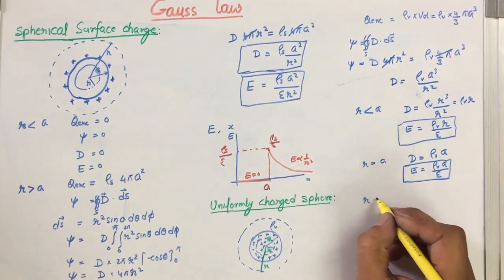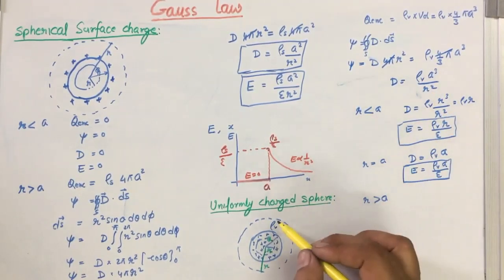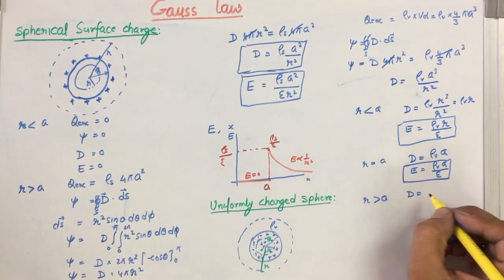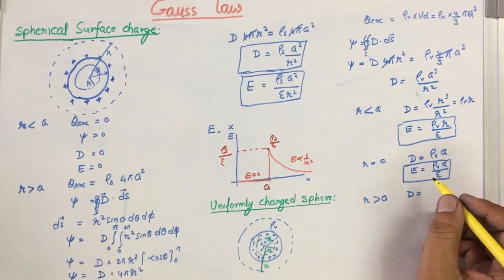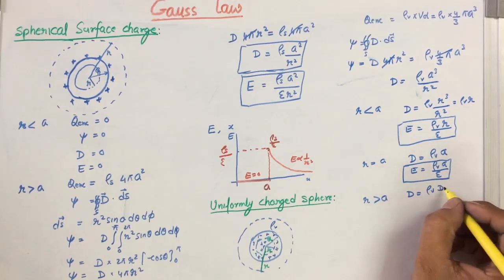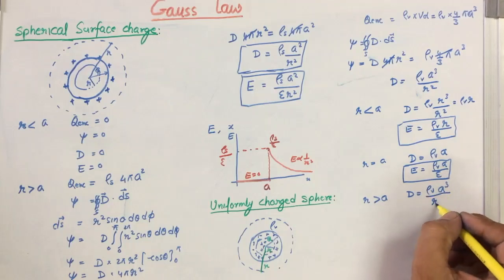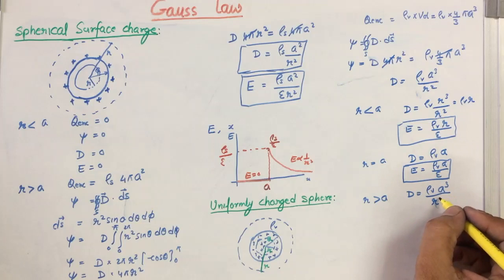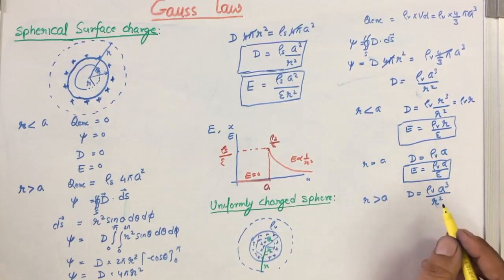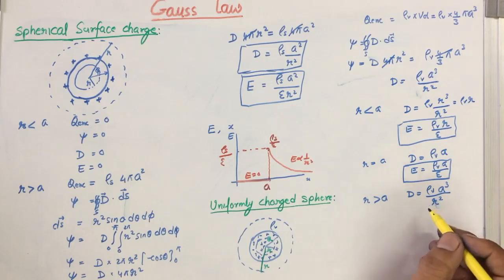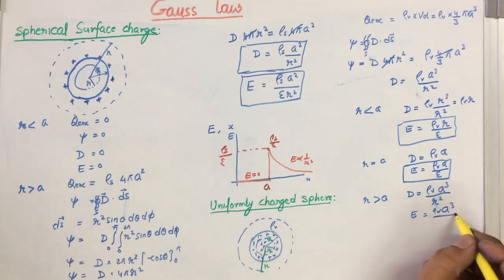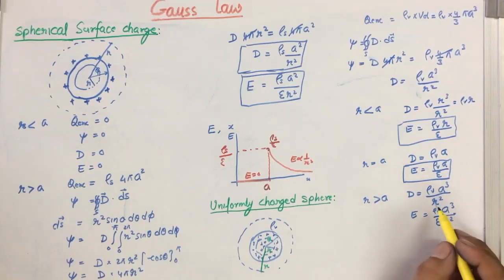If r is greater than a, outside, then D will be rho v a cube by r square, this is constant, and E will be rho v a cube over epsilon r square.